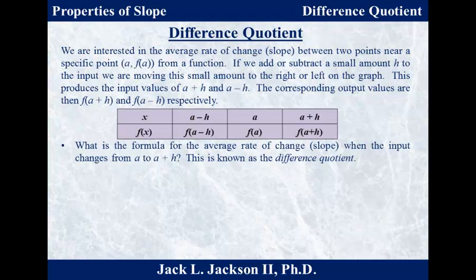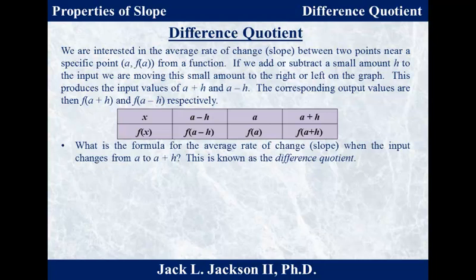So we have the point a, f of a, which is sort of in the middle of our table right here. Now what we could do is move over a little bit, say, in this case if it's time, a little bit into the future by adding h to a. Or on the graph we're going a little bit to the right, let's say. And so this gives us a new x value, which we'll call a plus h.